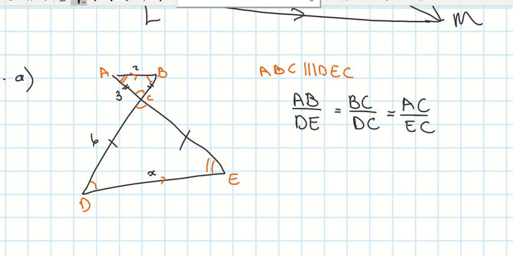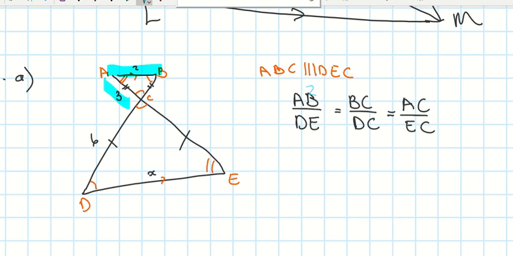Now all we have to do here, we need to say what is known to us. So we replace the values: AB is 2, and BC is, where's BC?